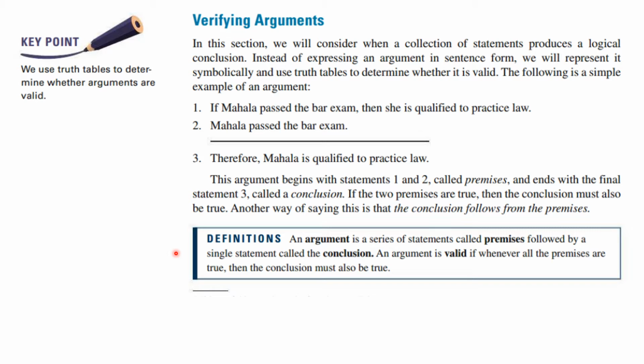Again, some more formal definitions. An argument is a series of statements called premises, followed by a single statement called the conclusion, and this line separates the two. An argument is valid if, whenever all the premises are true, then the conclusion must also be true.